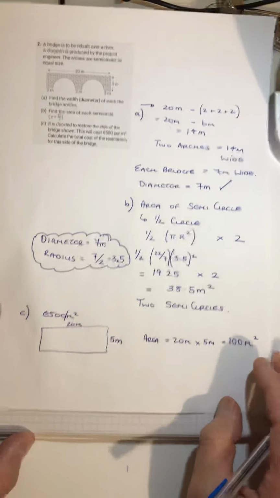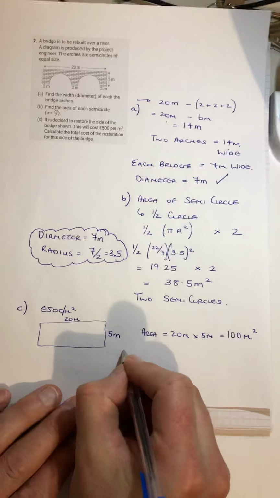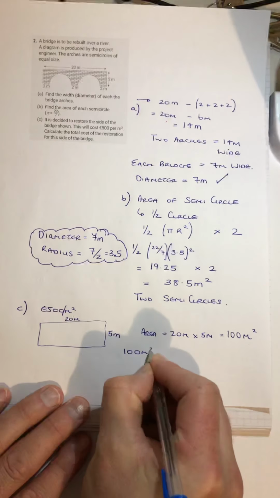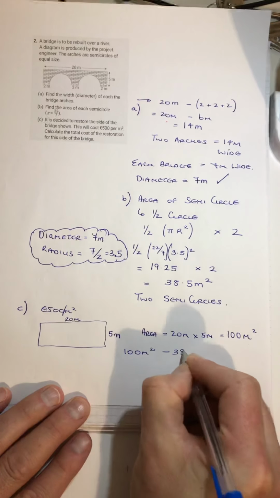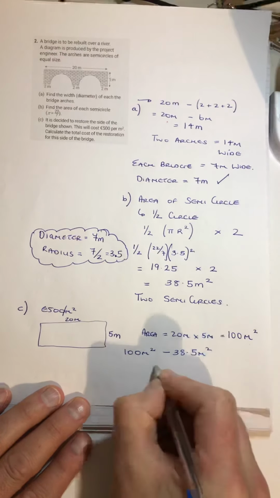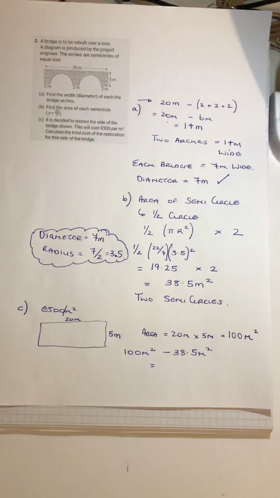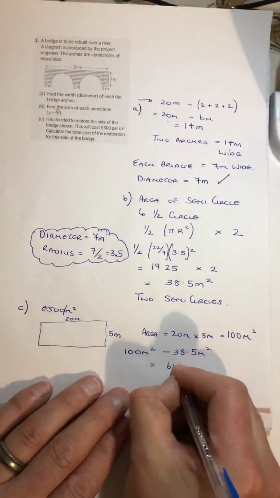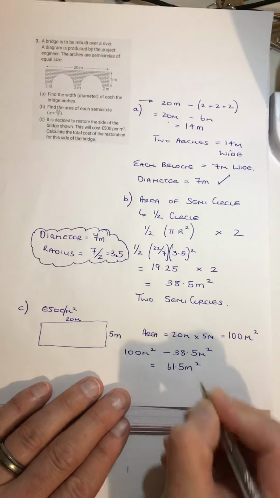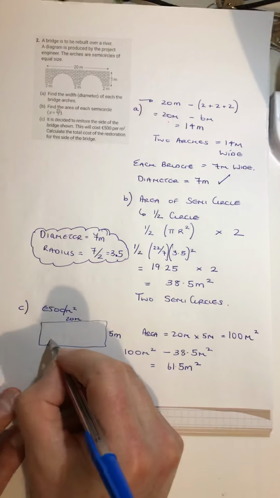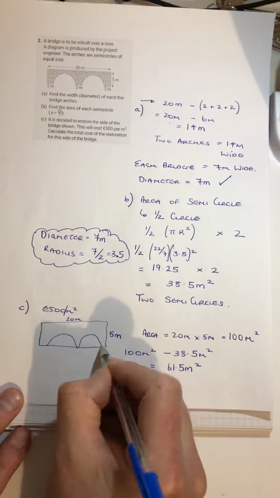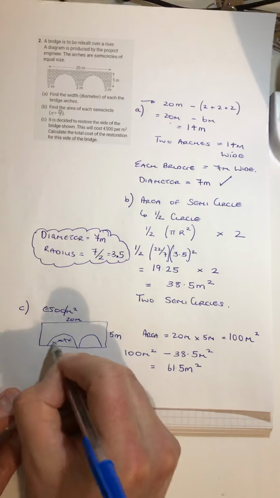Now take away the 38.5 meters squared, which gives us 61.5 meters squared. Because the arches are taken out. They're gone. Okay?